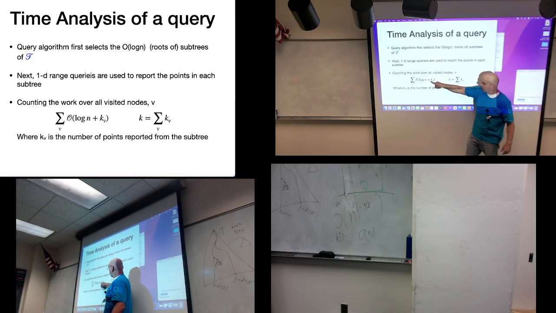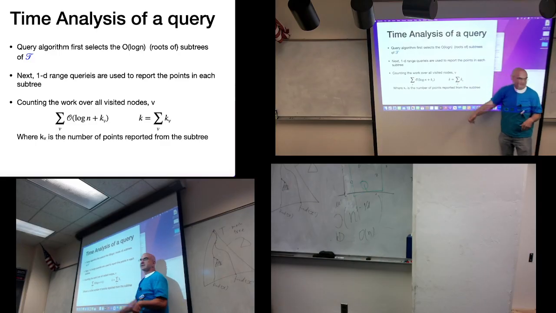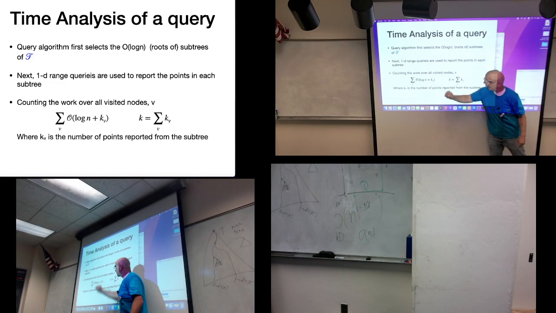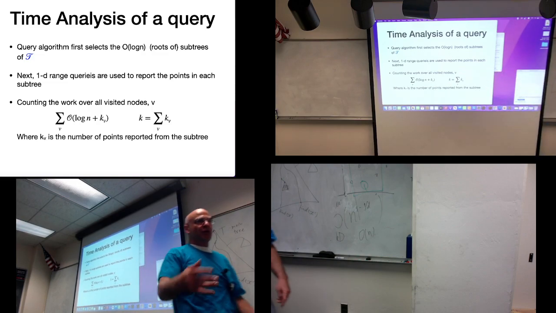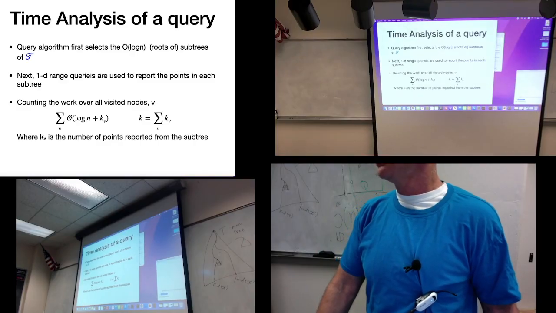When I sum up from each subtree, how many points did I print? Sum it all up. They're all relevant and none appears twice, all in the range. So k, the output size, is the number of points that I report, that I collected from all of this.